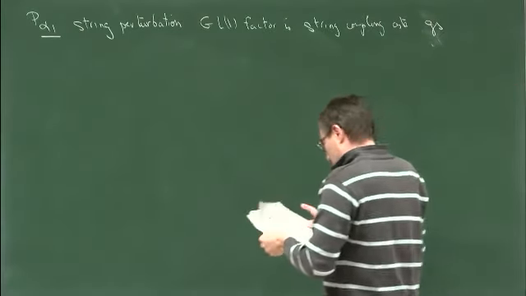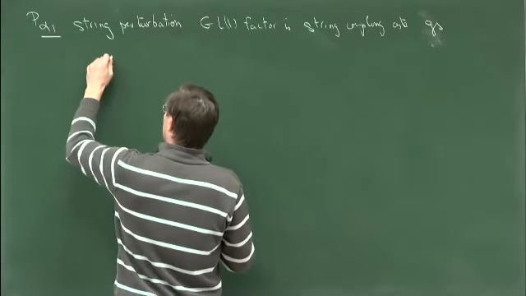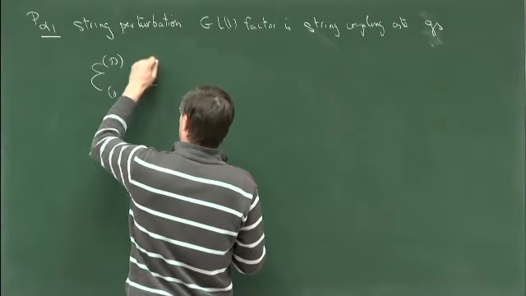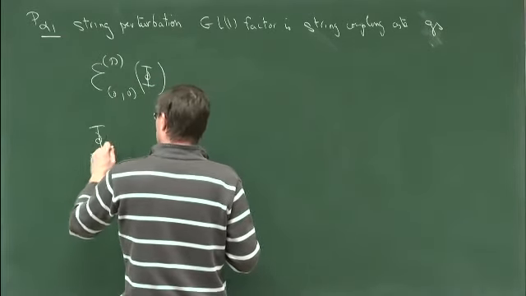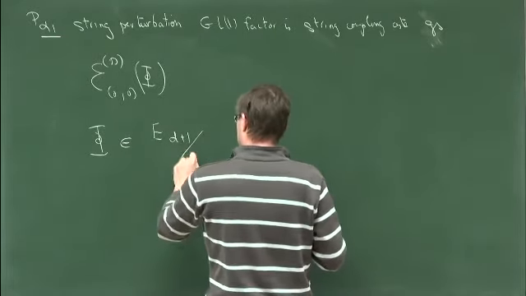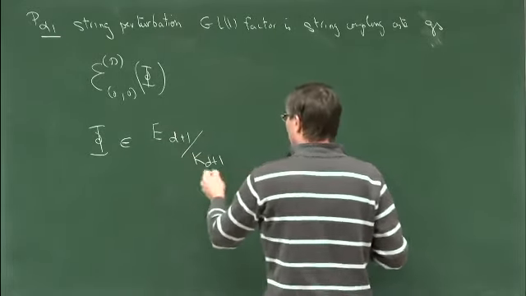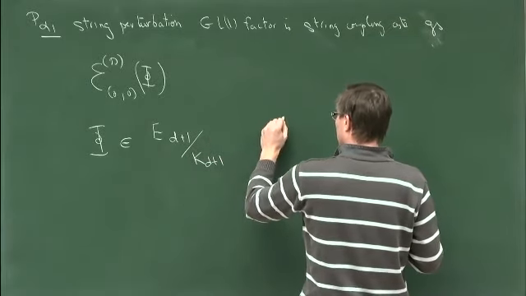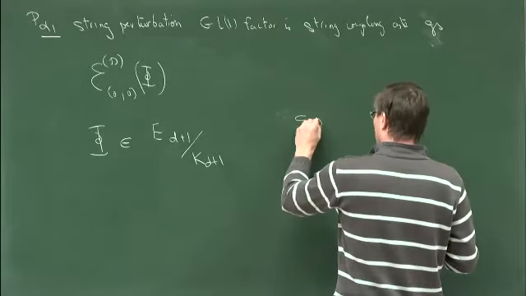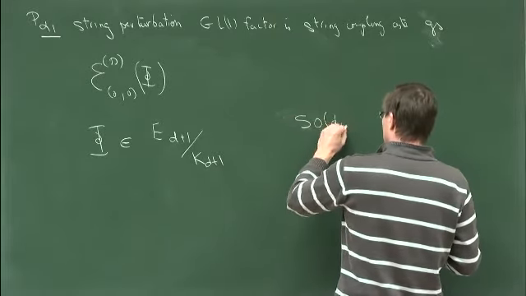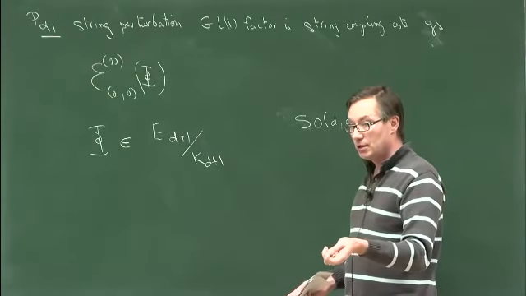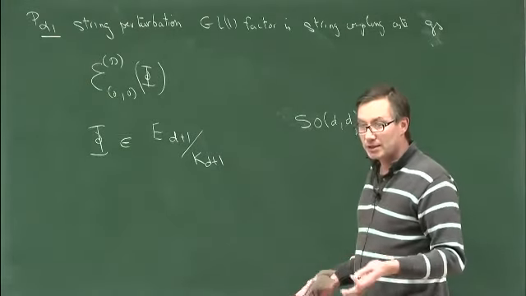So I take my object, for example, E of phi. Initially phi lives in a coset space of this group, but now I'm taking inside it a subgroup. I'm taking this parabolic P alpha 1, so that means I will keep as the only explicit symmetry SO(D,D). The rest of that symmetry is going to be broken by my maximal parabolic.